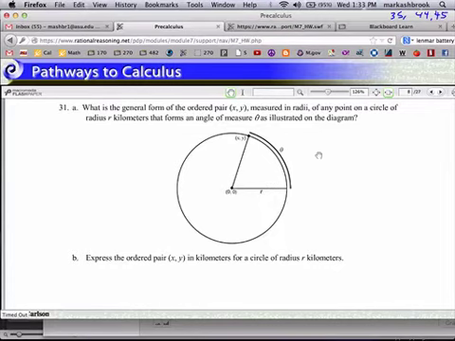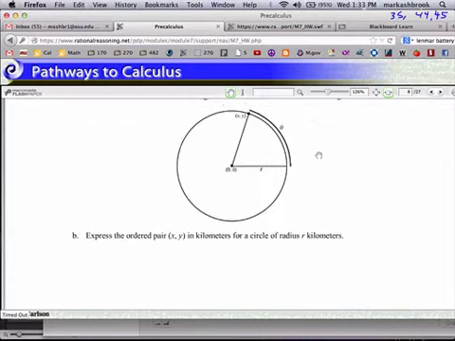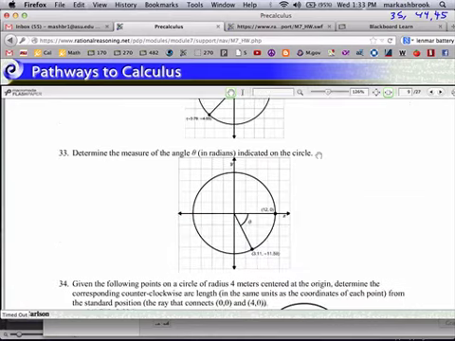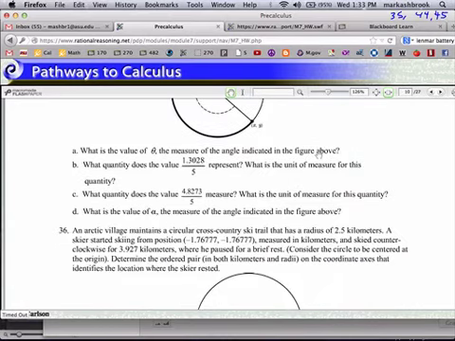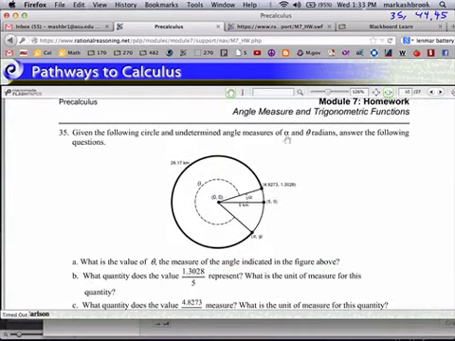Find the coordinates of the point after sweeping an angle theta. 35 was this one, given some different coordinates, different quantities, and then there were some unknown quantities and coordinates, and you were answering questions about those.